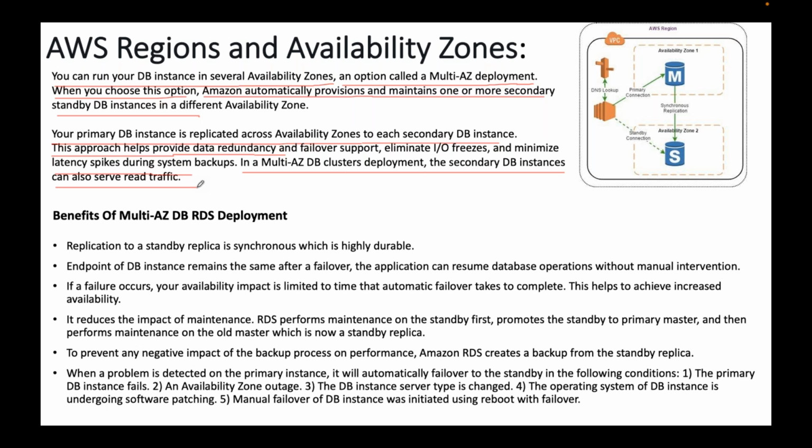So multi-AZ deployment in the sense, AWS will maintain your database instances in multiple zones. There will be a primary, and there will be standby secondaries. The primary will synchronously sync the data to the secondary standby servers. If the primary server is impacted, the standby server becomes activated automatically. The failover or the switchover will happen automatically. Is everyone clear? What do you mean by this multi-AZ deployment in RDS again?